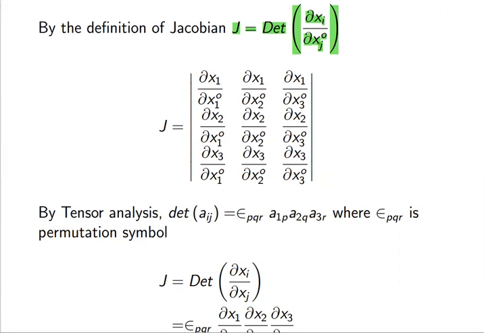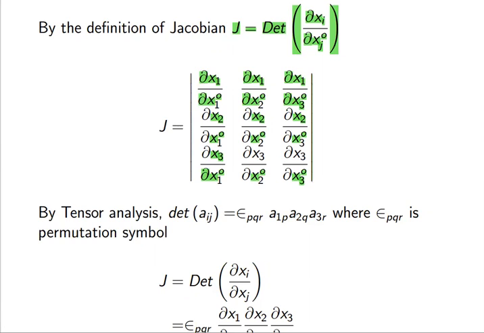Determinant of that matrix: J is ∂x1/∂x1 naught, ∂x1/∂x2 naught, ∂x1/∂x3 naught. That is the first row. The second row is the differentiation of x2 with respect to x1 naught, x2 naught, x3 naught. Similarly, the last row will be the differentiation of x3 with respect to x1 naught, x2 naught, x3 naught.